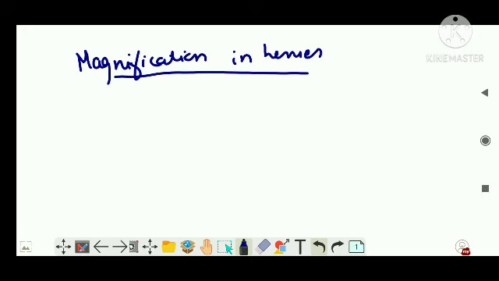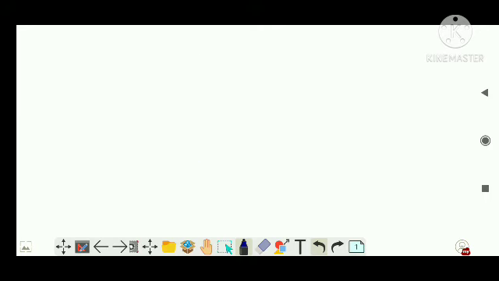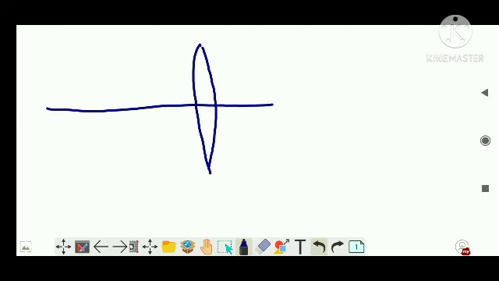Bear with me. Right. So magnification of lenses, again you have to derive the equation. So usually we consider a biconvex lens which is very thin in nature. The line is not straight, that's okay, I hope you understood. Suppose this is our object AB, right?